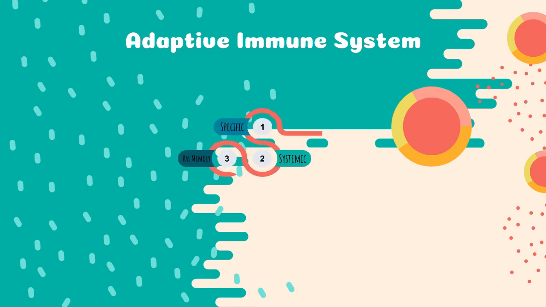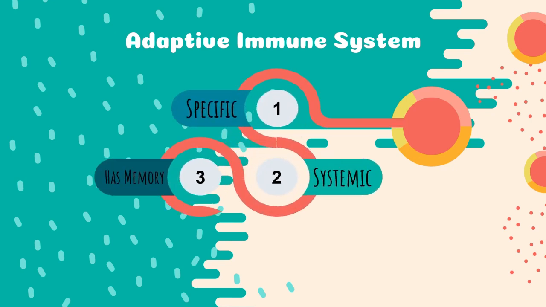So what we mean by being specific, that it has specific lymphocytes or specific immune cells that react against a specific foreign substance or particular pathogens. And being systemic, that the immune response that is provided is not restricted to just one side, it is mainly systemic.